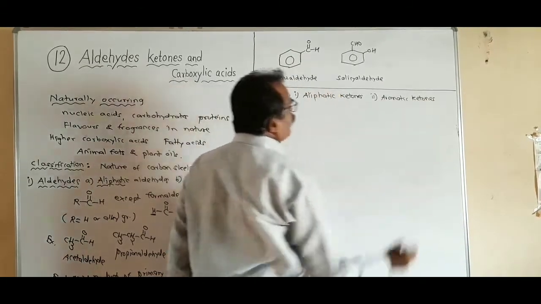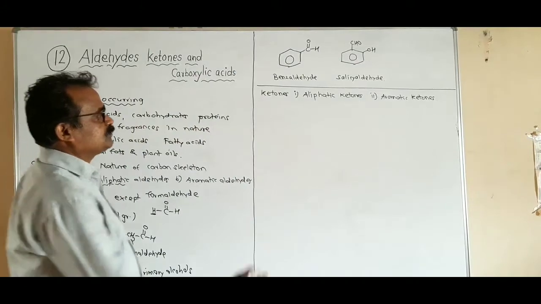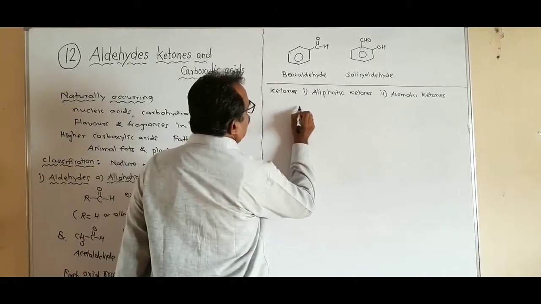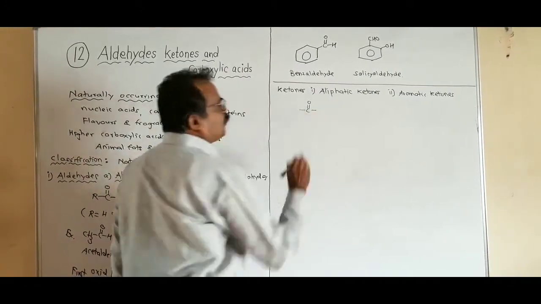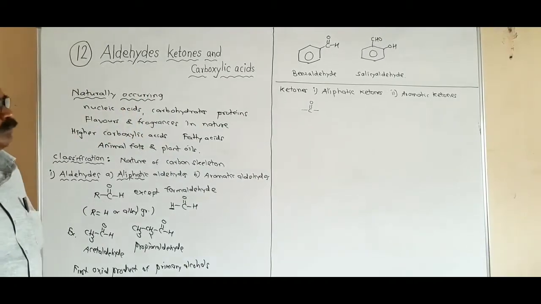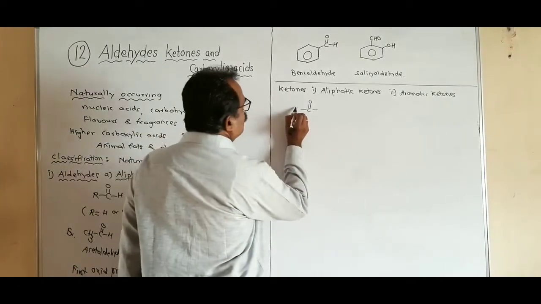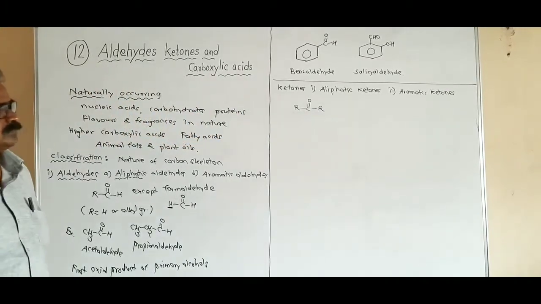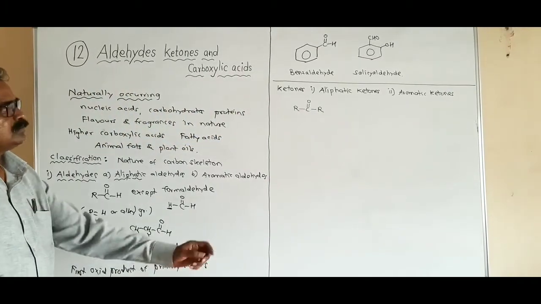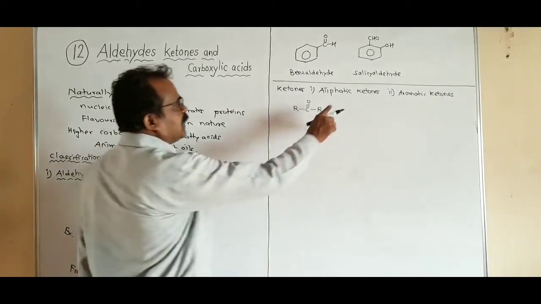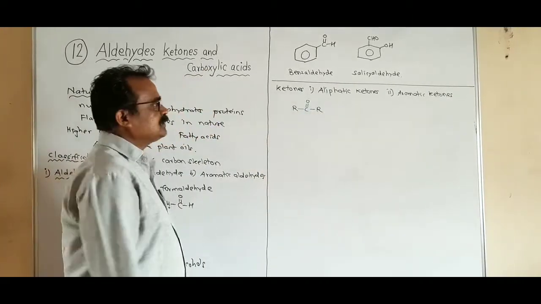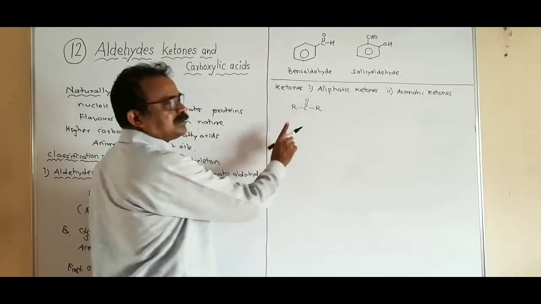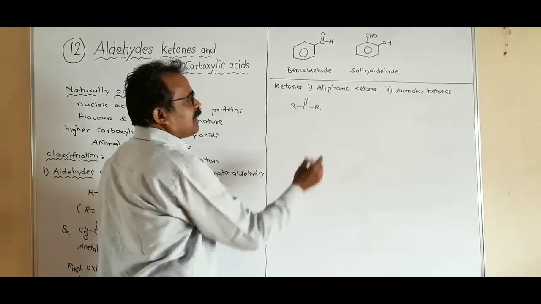So the organic compounds in which the CO group, ketonic functional group, is attached to two alkyl groups, which may be same or different, we call them aliphatic ketones, and hence they are represented by the general formula RCOR'.